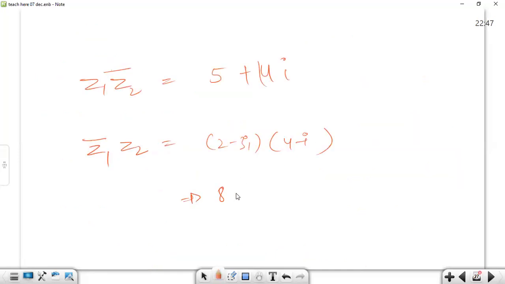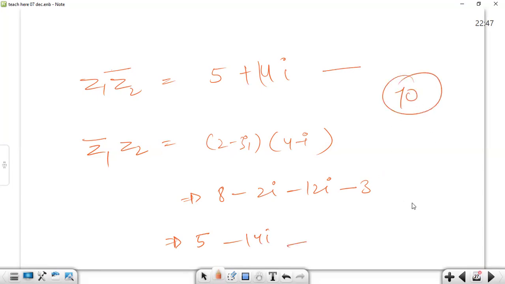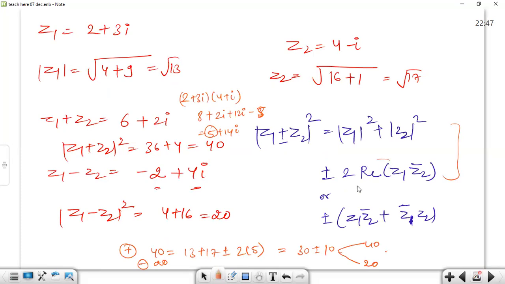So 2 into 4, 8, minus 2 iota, minus 12 iota, plus 3 iota square, and iota square makes it negative. 8 minus 3 makes it 5 minus 14 iota. So adding this and this will give us 10. This was coming as 10, and this is also now coming as 10.